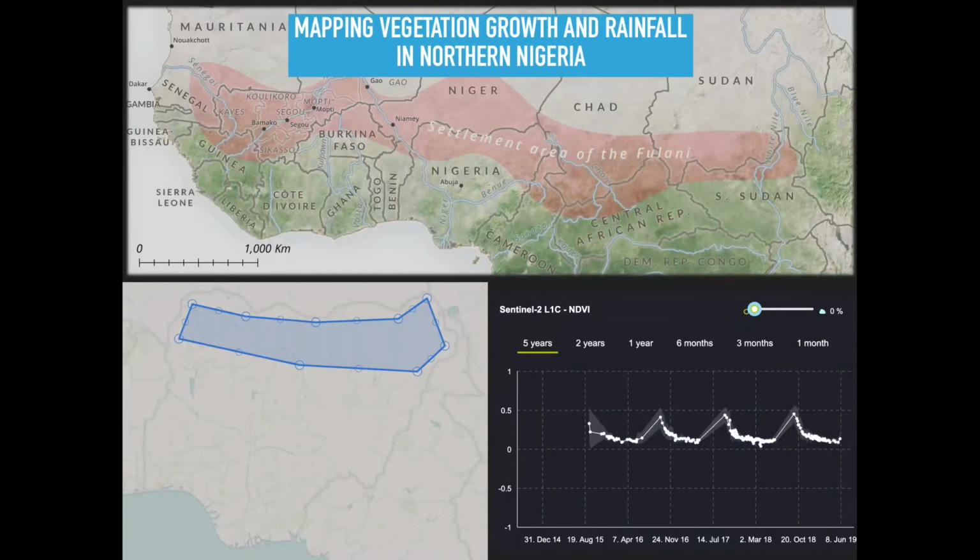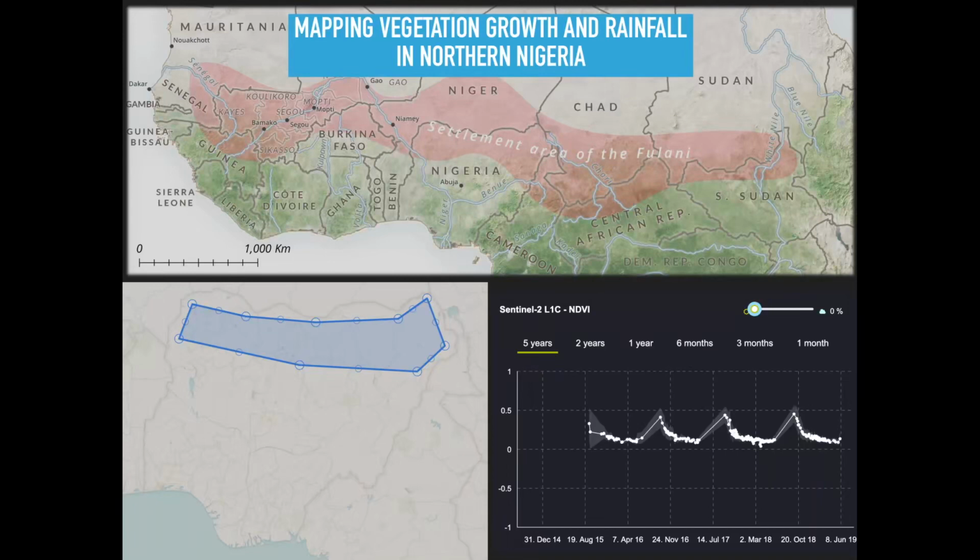At the top of the screen, you've got a map of the general area where Fulani herdsmen live. As you can see in Nigeria, it's the top third or quarter of the country. Using EO Browser, I've drawn a rough polygon over the area where the Fulani approximately live.